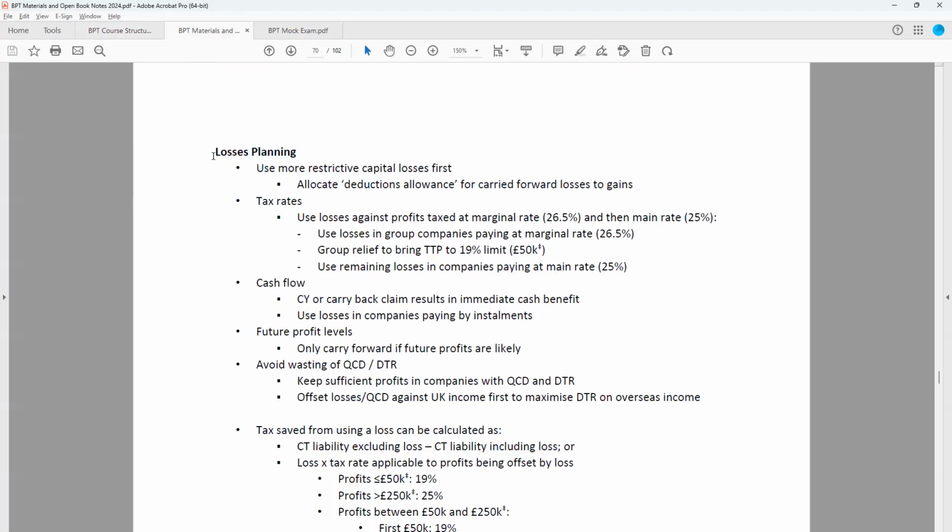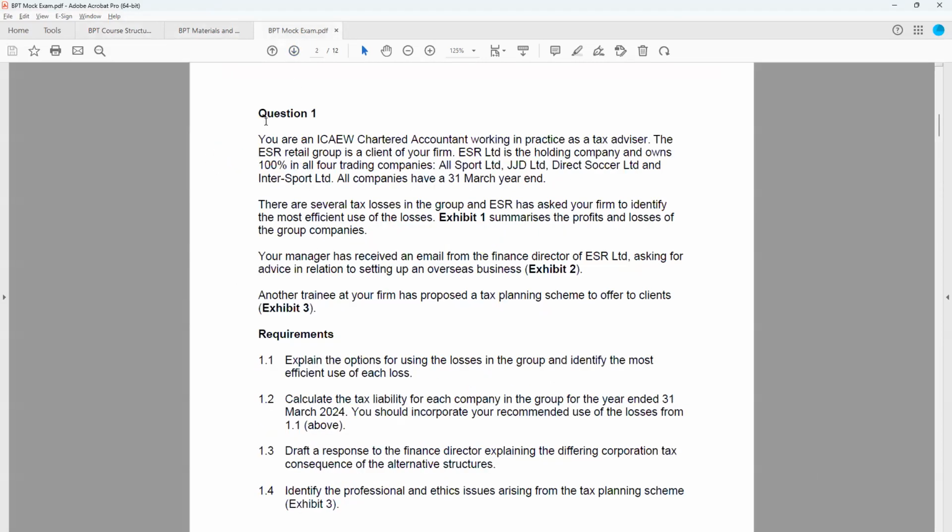I'll make sure that you understand this technical content in an exam focused way, and then immediately after I'll work through some recent exam questions so I can demonstrate how to apply that technical content to an exam question.